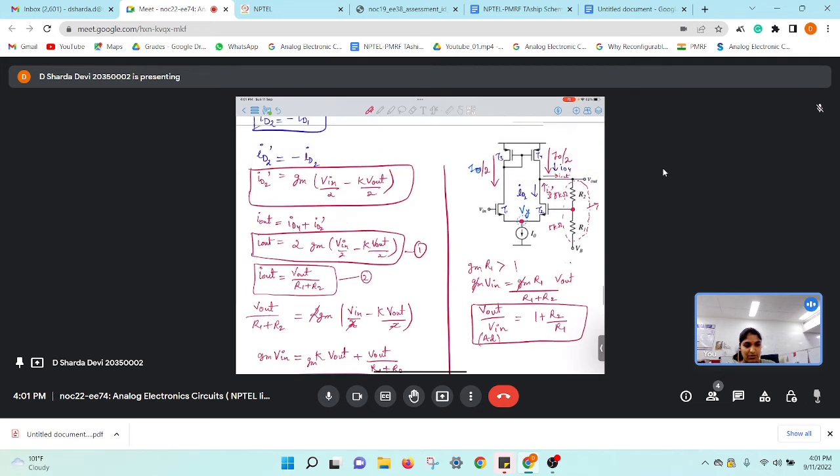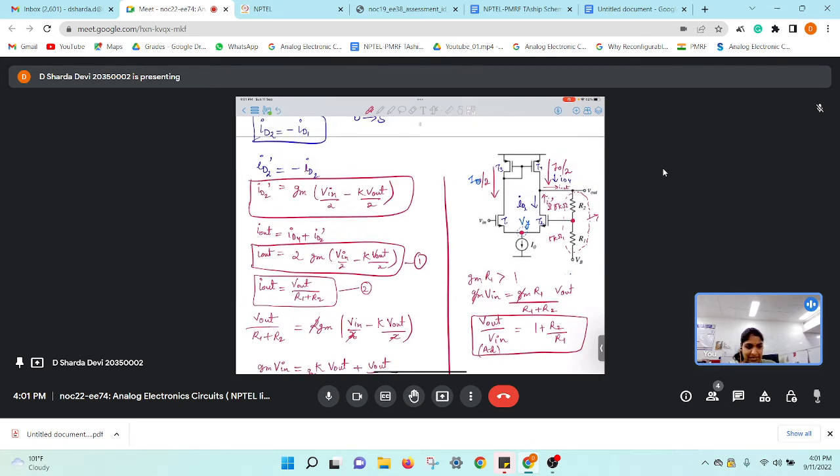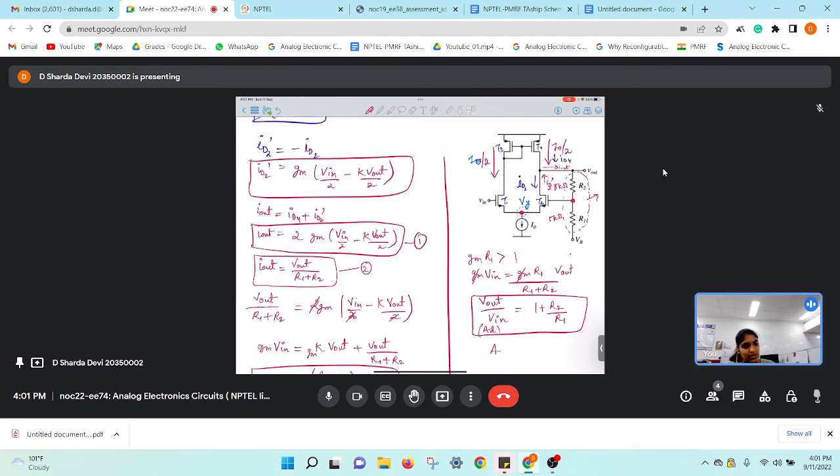So we got the expression for differential mode gain. We have solved this circuit, and we have finally got the expression for differential gain. The question that was asked was to find the value of voltage gain. We have found the expression. Now what will be the value? AD kitna aayega?